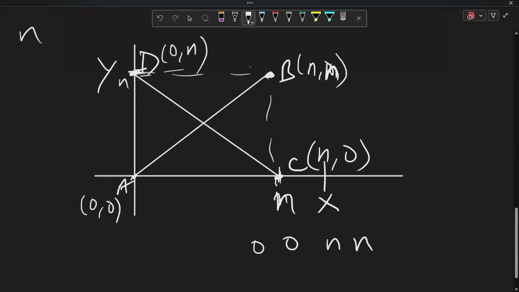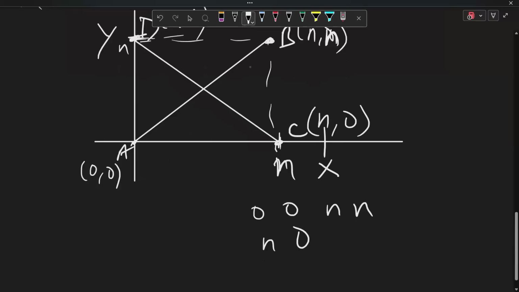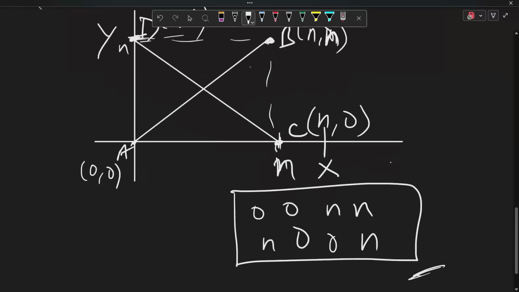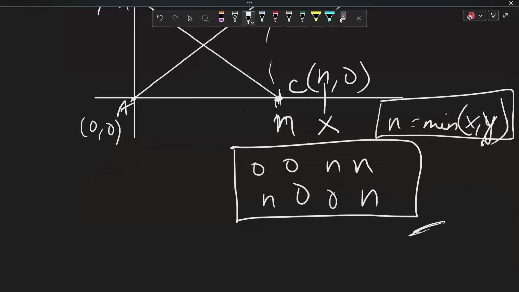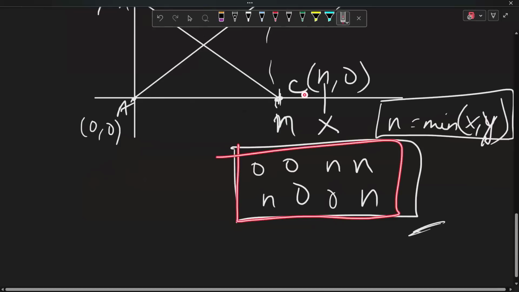The coordinate of C is n 0. The coordinate of D is 0 n. We can just print this as our final answer, where n is the minimum of x comma y. I hope you understood. Calculate n as the minimum of x, y, and just print this.